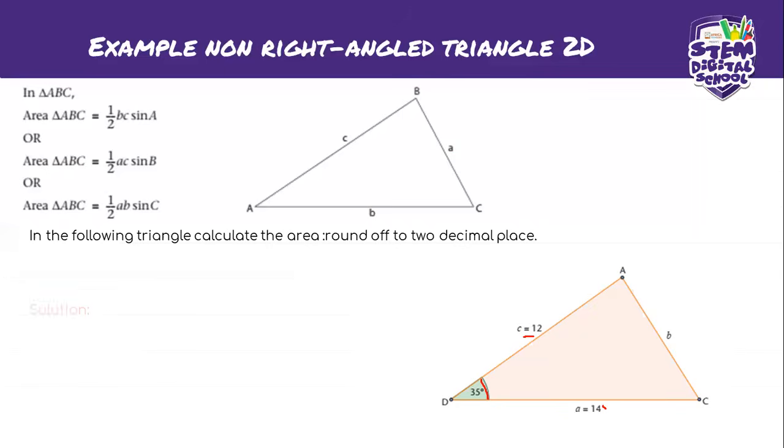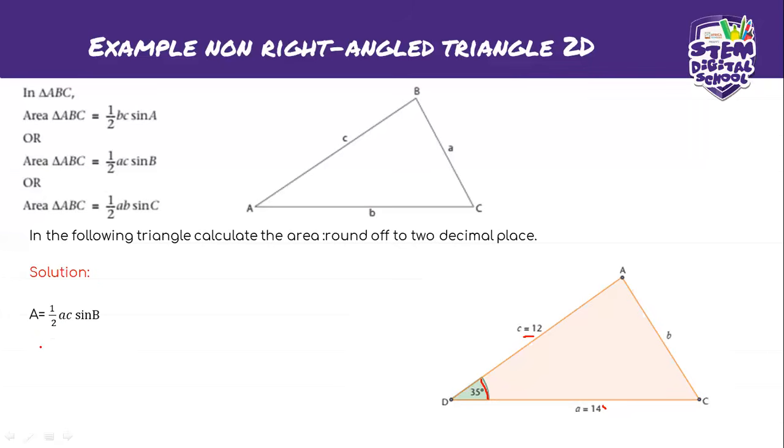Now let's see, how do we calculate it? You first have to write your standard formula for the area, because we know the value of small letter a and the value of small letter c, and this is going to be the standard formula that we have to write.